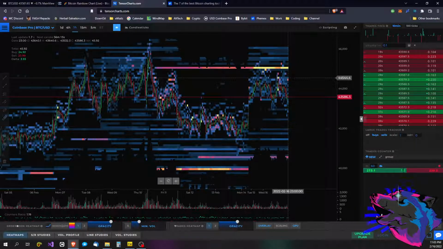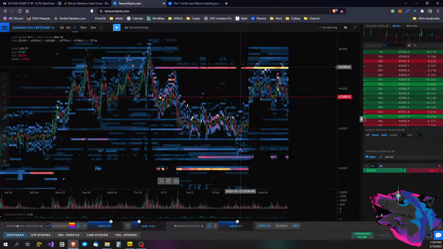So in this case, if we were coming up, there's already most likely a whole bunch of sell orders on the books just waiting for the price to come up here, which means either a bunch of large wallets have a few orders. Now this is on Coinbase Pro. I don't know what kind of volume we're talking about here really.